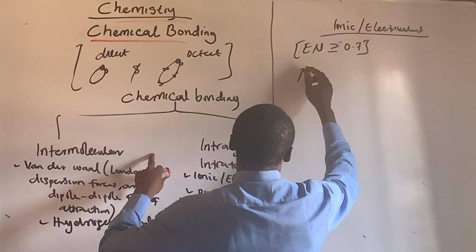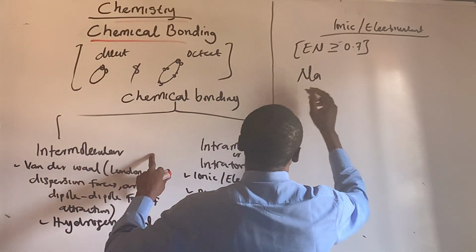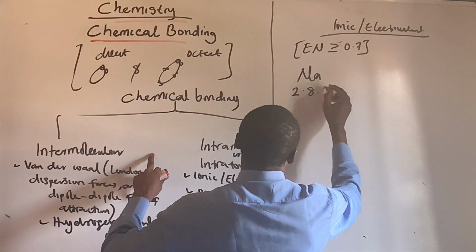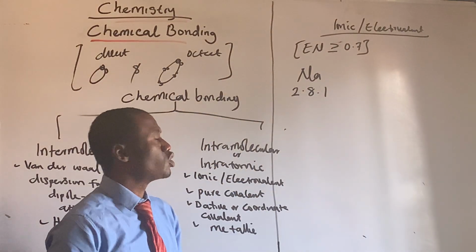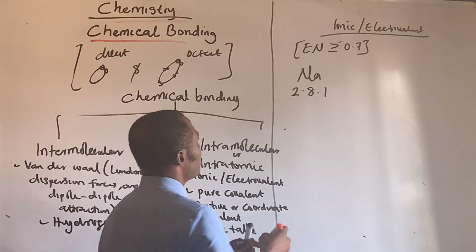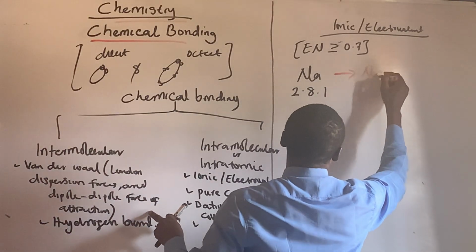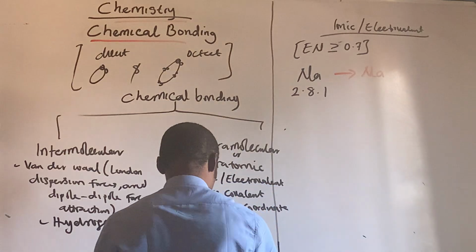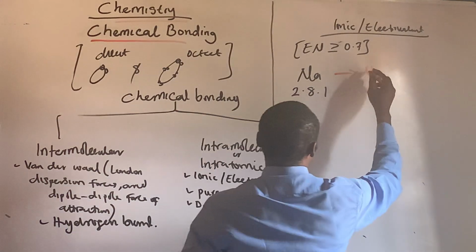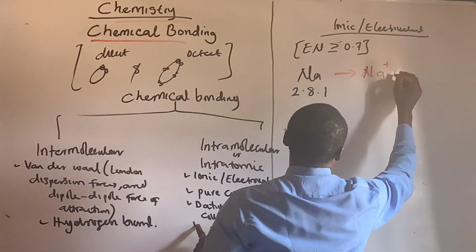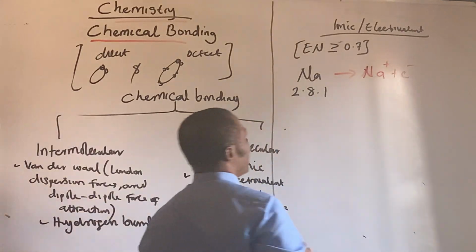We have sodium. Sodium has electron configuration 2, 8, 1 because the atomic number for sodium is 11. Let's say sodium undergoes ionization, and during ionization it is going to lose an electron.